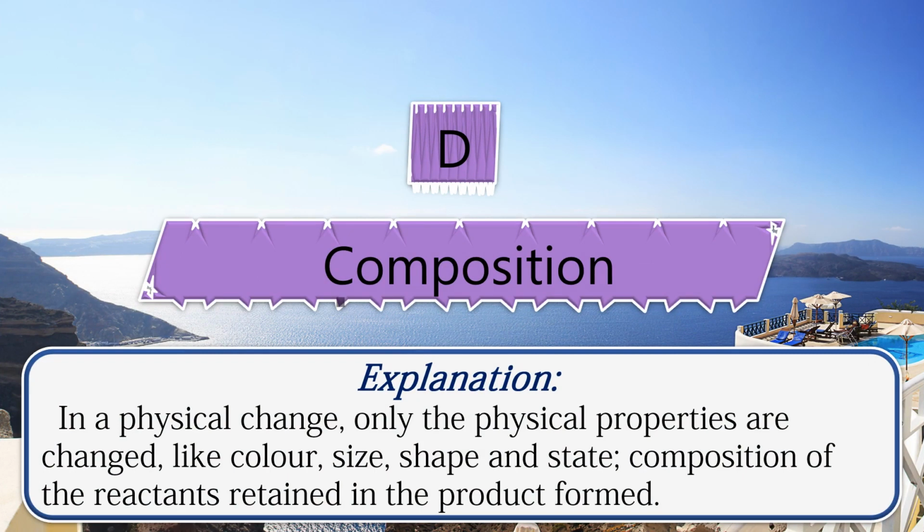The answer is composition. In a physical change, only the physical properties are changed, like color, size, shape, and state. Composition of reactants is retained in the product formed.